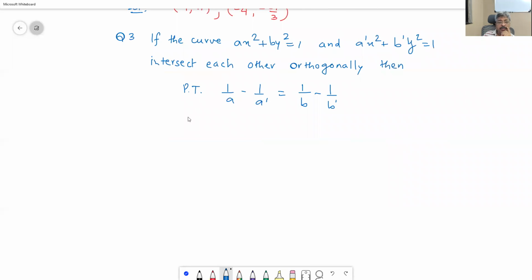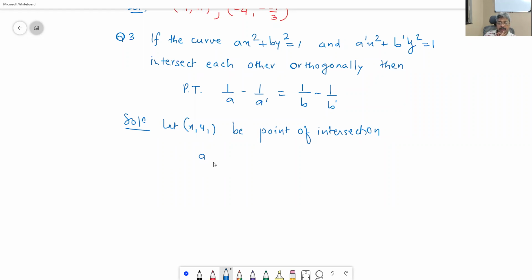Let x1, y1 be the point of intersection. So x1, y1 will satisfy the first equation, x1, y1 will satisfy the second. Therefore, we will get some relationship between them.